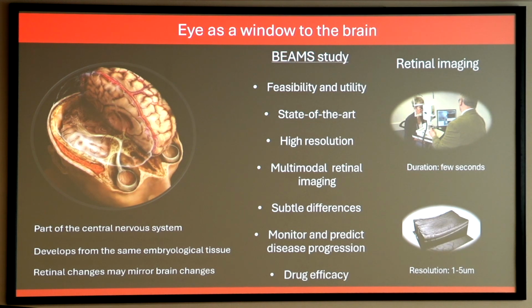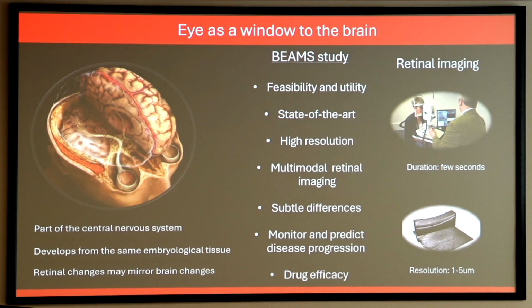What we try to do in the Belfast Eye and Multiple Sclerosis study is look at the feasibility and utility of different novel high-resolution eye imaging modalities in detecting subtle changes, and then to use these subtle changes to monitor and even predict the disease progression.